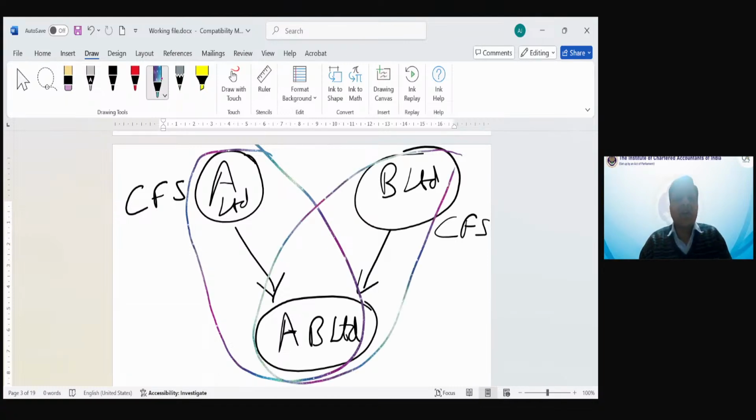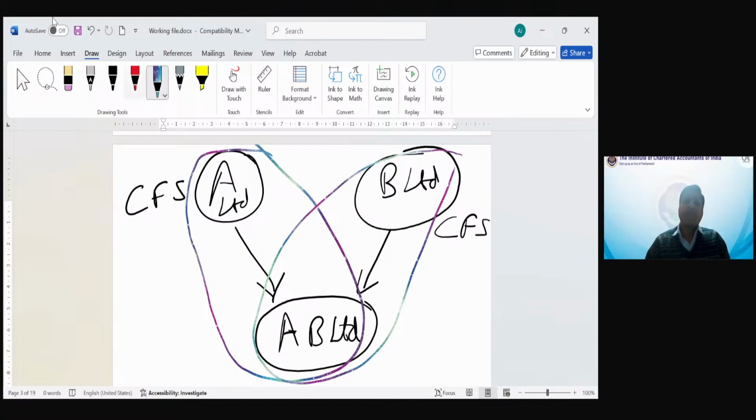So A Limited will not consolidate three companies, A, B, and AB Limited. No. B Limited will not consolidate three companies, A Limited, B Limited, and AB Limited. No. They will consolidate only the investee over which they have joint control. Okay?